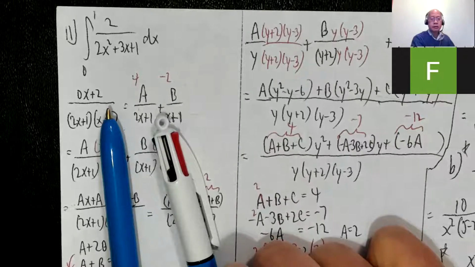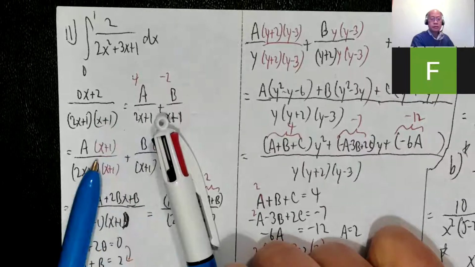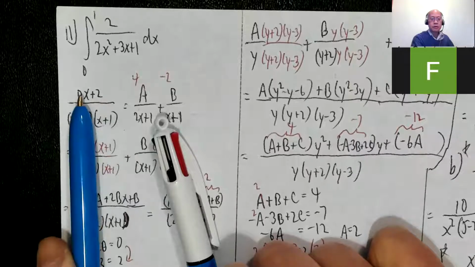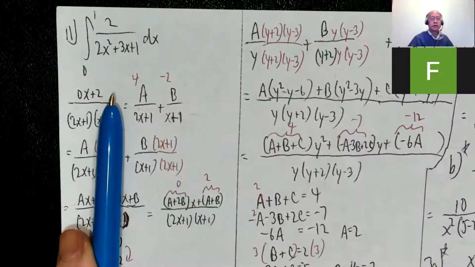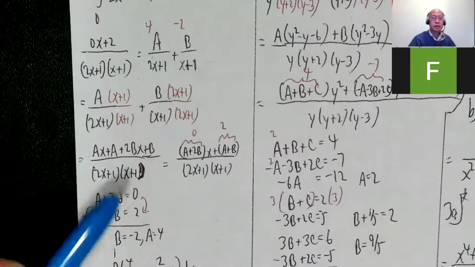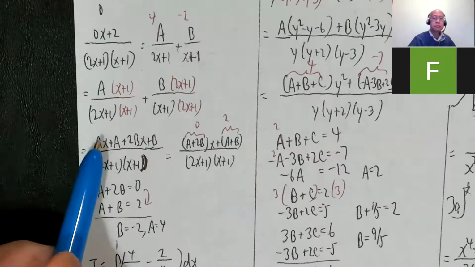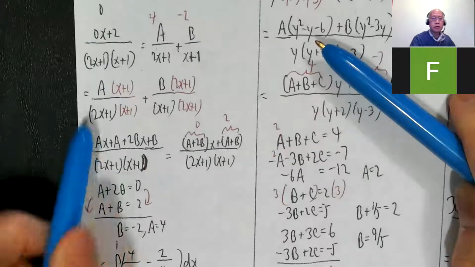Now you need your common denominator. So this one, you need to have x plus 1 over x plus 1. And what has to be behind this one? 2x plus 1 over 2x plus 1. That's to get my common denominator, which is 2x plus 1, x plus 1.